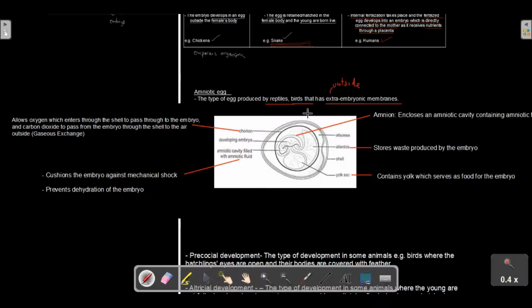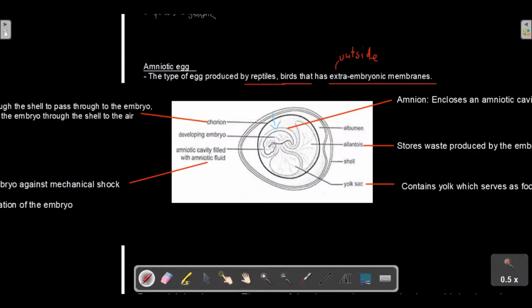So the shell is the outermost layer, and inside you have this layer right here that we call the chorion. What the chorion does is allow oxygen to be absorbed in.